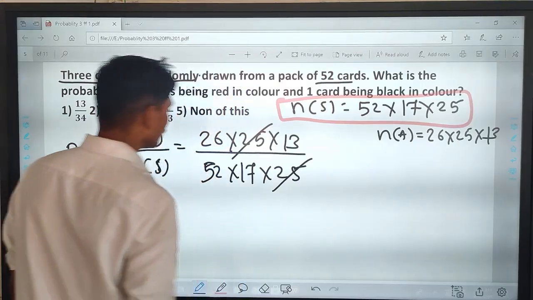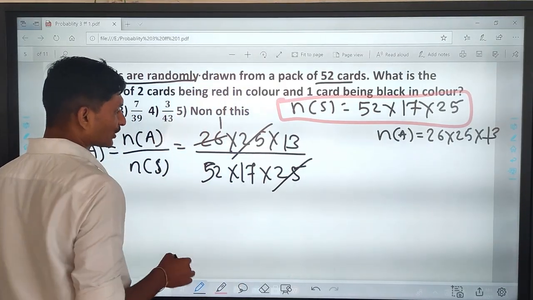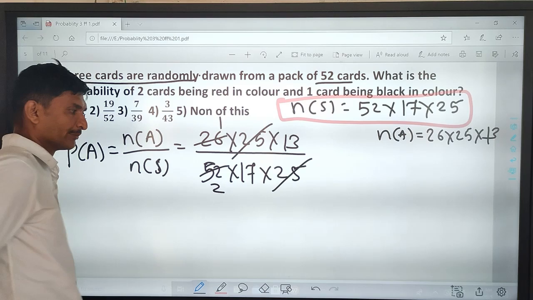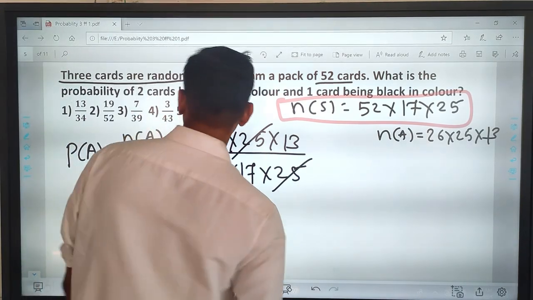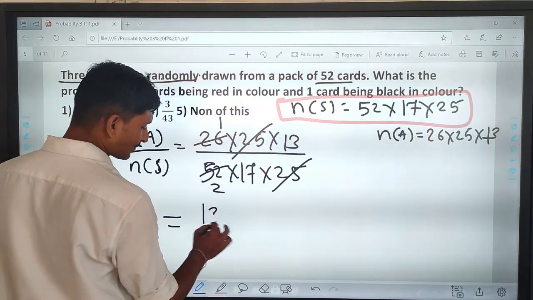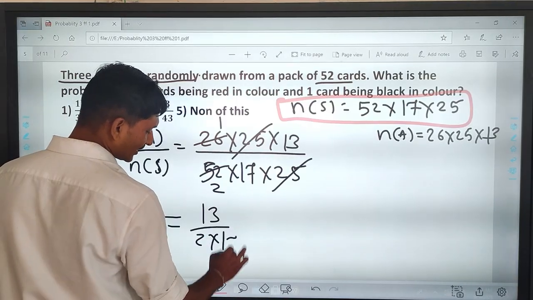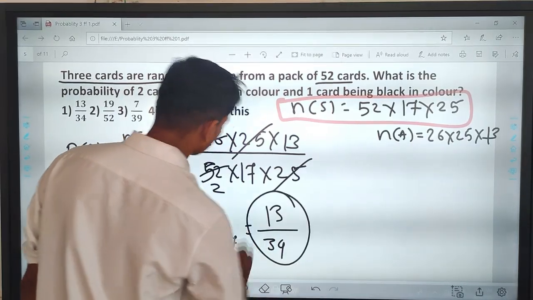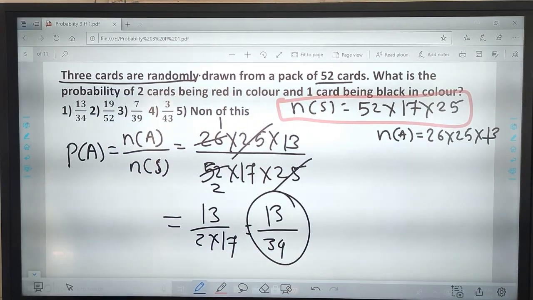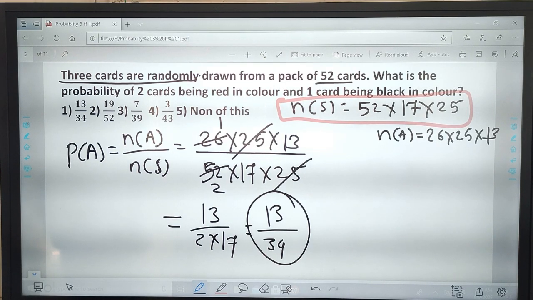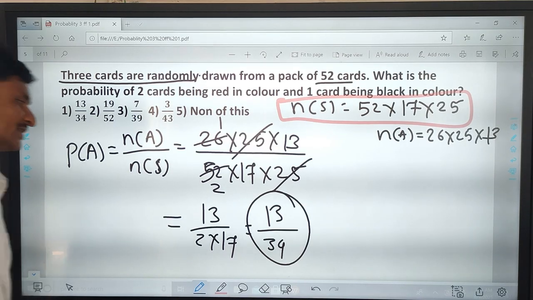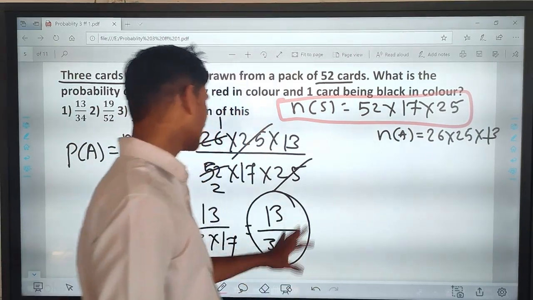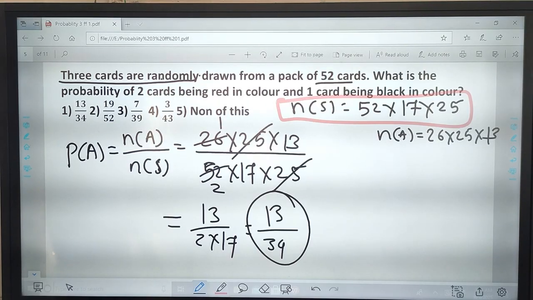Here 26 into 2 is 52 remains, and 13 divided by 2 into 17. Then your answer is 13 divided by 34. The probability of two cards being red in color and one card being black in color is 13 divided by 34. This is your answer.